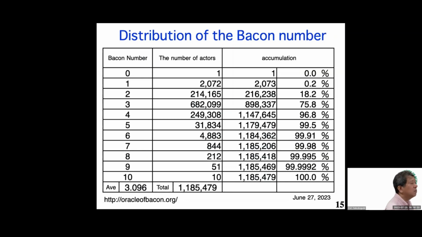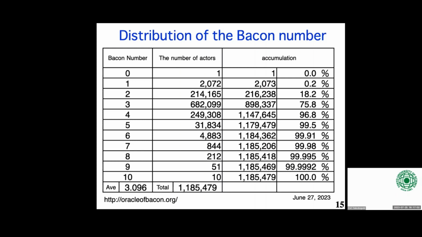Actually, this table shows the distribution of the Kevin Bacon numbers. The data were collected on July 27th, 2023. The leftmost column of this table shows the Bacon numbers, and the next column shows the frequency of actors or actresses for each Bacon number.